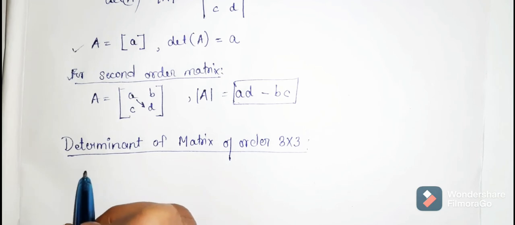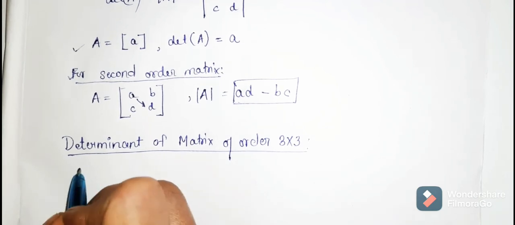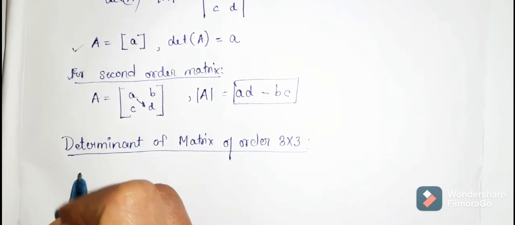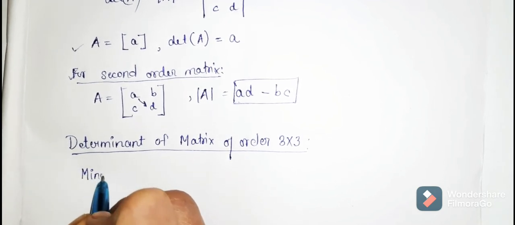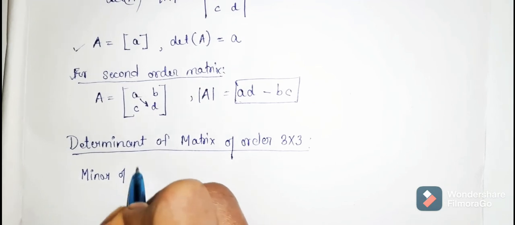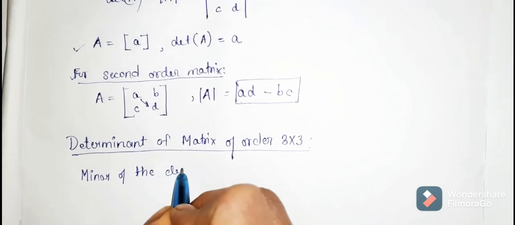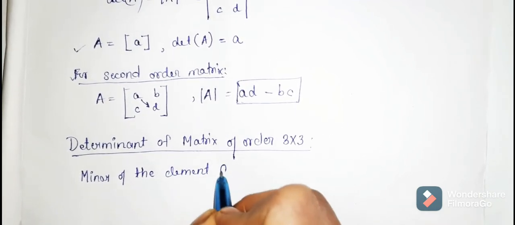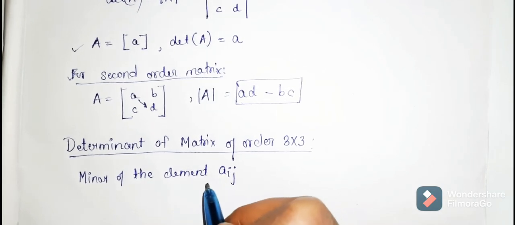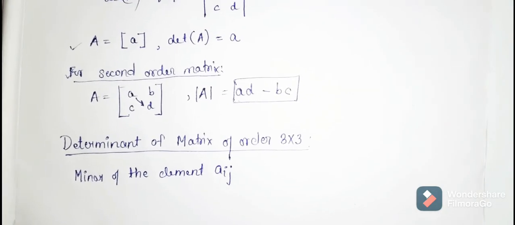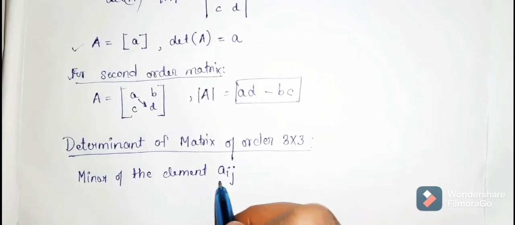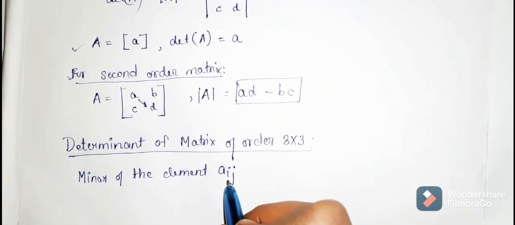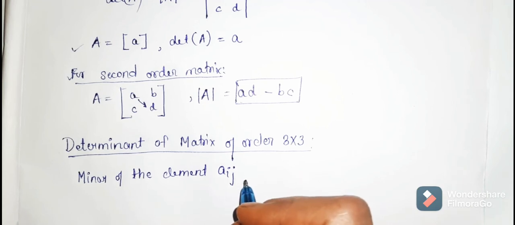So before going to that process, you have to know two definitions. First one is the minor of the element Aij in a matrix. Minor of the element Aij, where Aij is the element which is in the ith row and jth column.